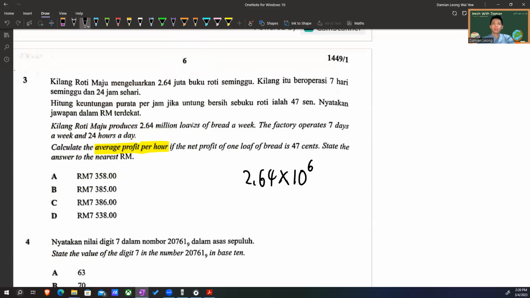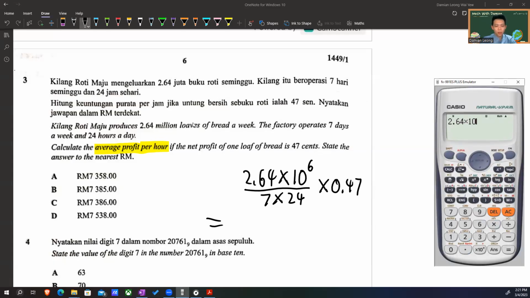It operates 7 days a week and 24 hours a day. So if I want the number of breads per hour, I divide by 7 days times 24 hours a day. That would be the number of breads. Then I times by the profit for 1 bread, and I will get the profit for 1 hour. So times 0.47.